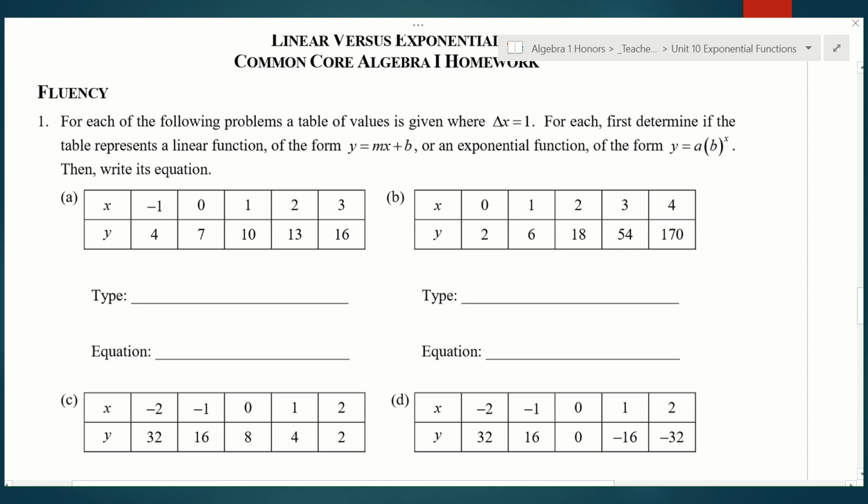In x, they are increasing by 1 every time, which they tell us in the situation, so that's good. Then I want to see, how are my y's increasing? Well, it's adding 3 each time. And so that is a characteristic of a linear function.